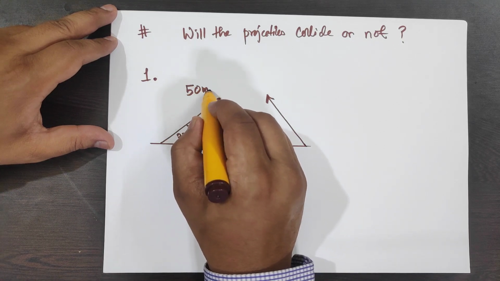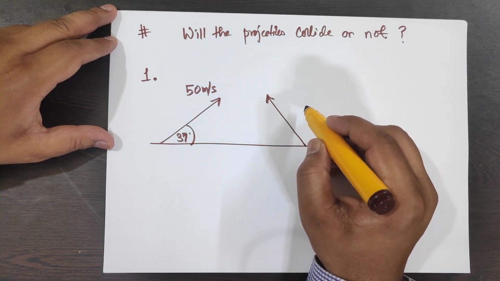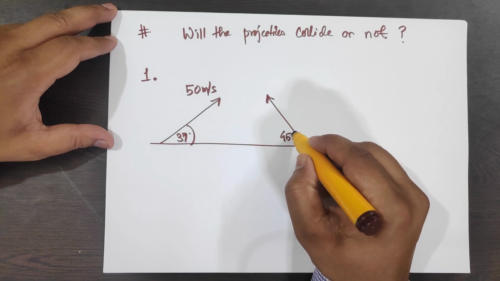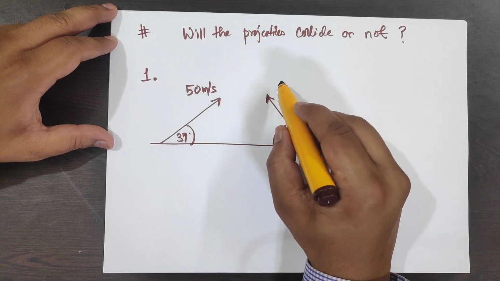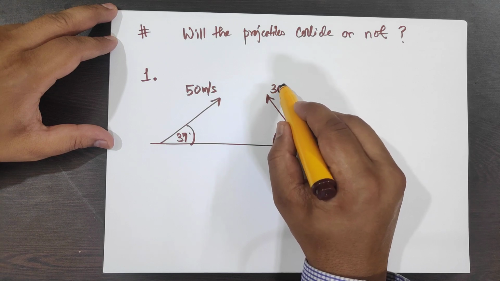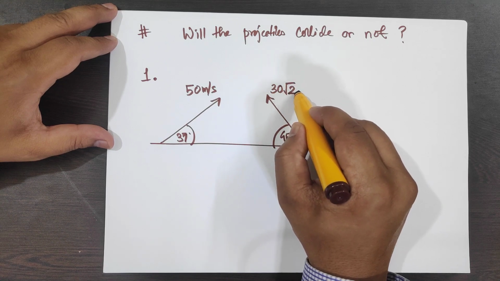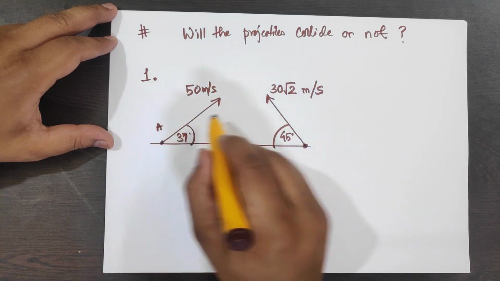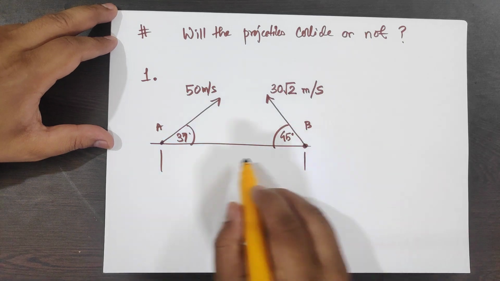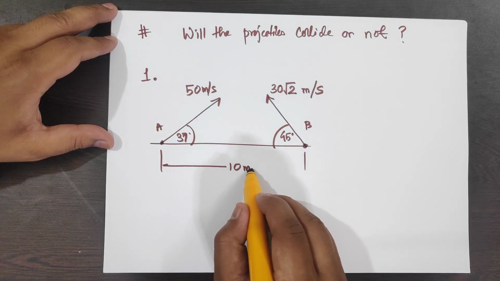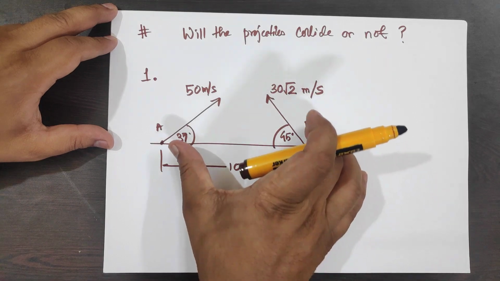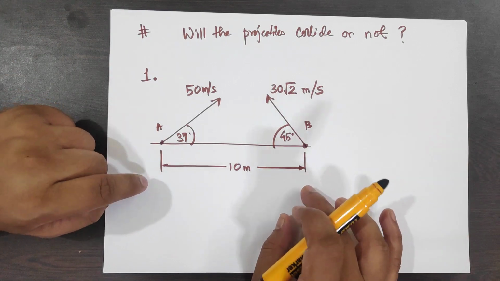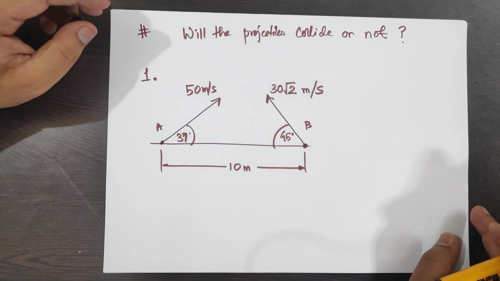This is 50 meter per second, and that's 45 degree, and this happens to be 30 root 2 meter per second, and these are two projectiles. The distance I will take less, because I have to make sure that they won't fall on the ground before they collide, so it's kept sufficiently smaller than the sum of the ranges.